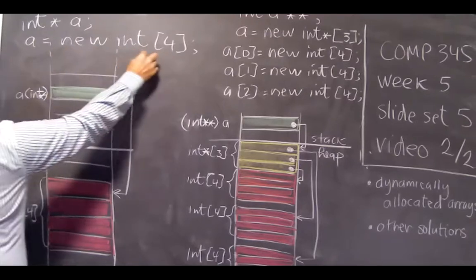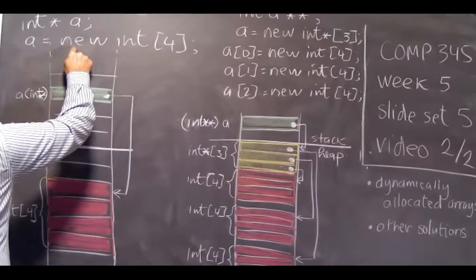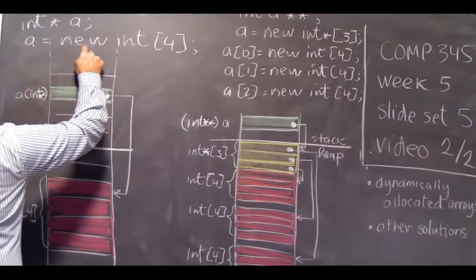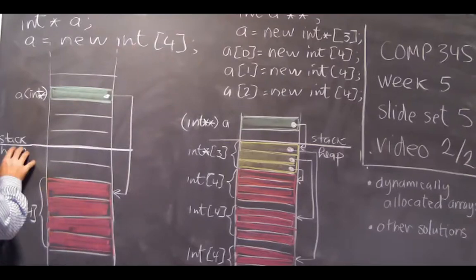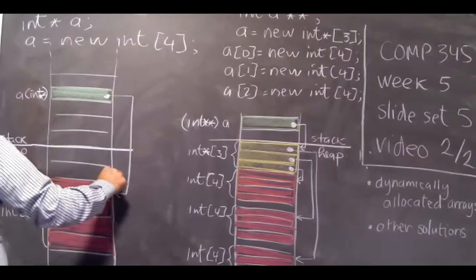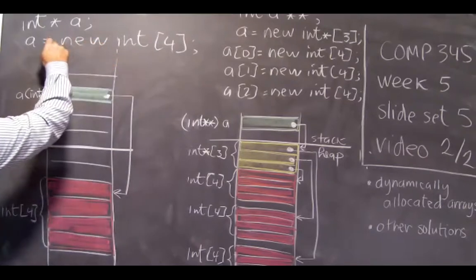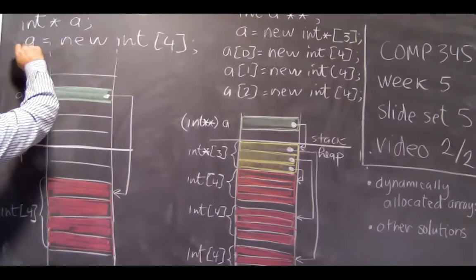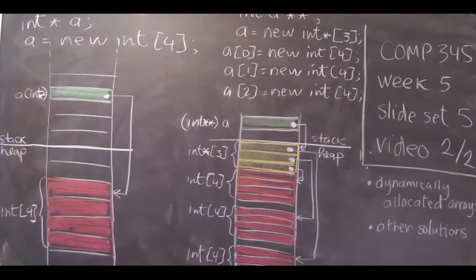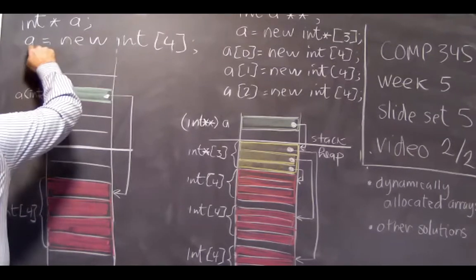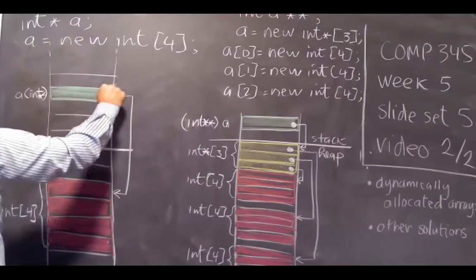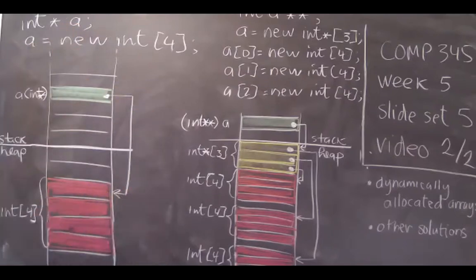So this is creating, on the heap, a new array of 4 integers. And then this returns a pointer, which I then assign to my variable a. So then a is now pointing to this array of 4 integers.